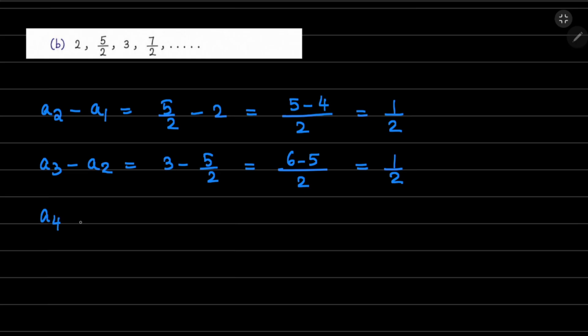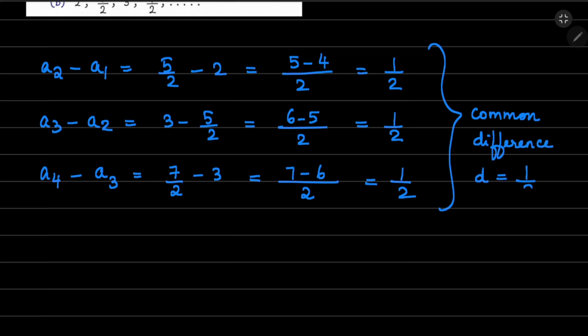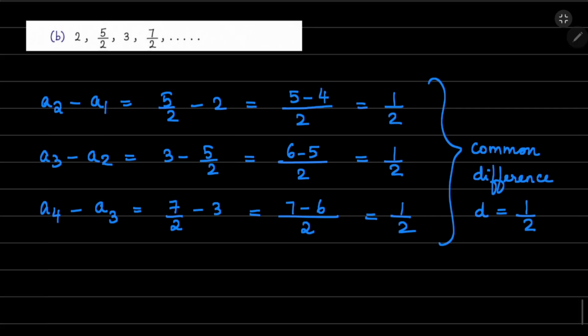Let's take the fourth term, subtract it with the third term. So you have 7 by 2 minus 3. So again the LCM is 2. 7 minus 6, again you are getting 1 by 2. So you can write that the common difference D is equal to 1 by 2 between all the consecutive terms.